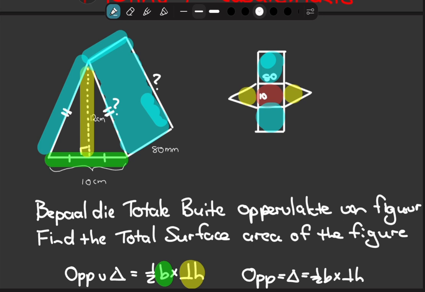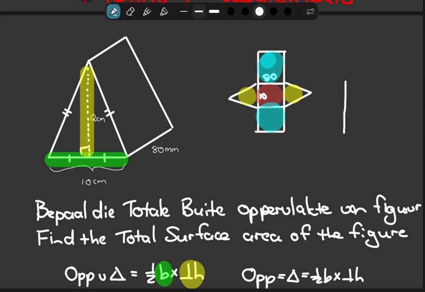So we've got two of those areas. I need this size, this side. So I'm going to just take this all out to make it a bit clearer. Ek het hierdie sy nodig. So I need this side. I'm just going to draw this triangle, 12. Hierdie is 5 centimeters.